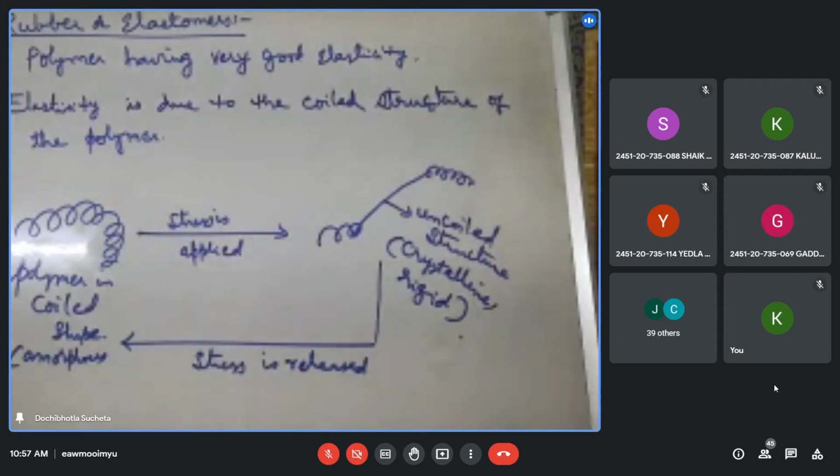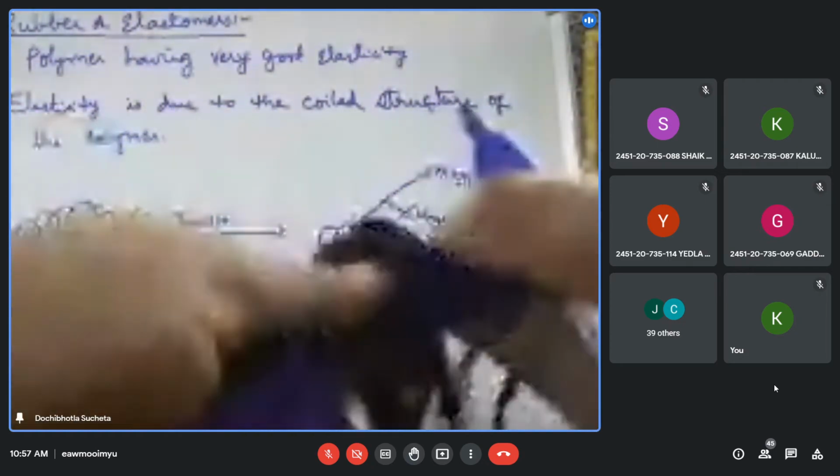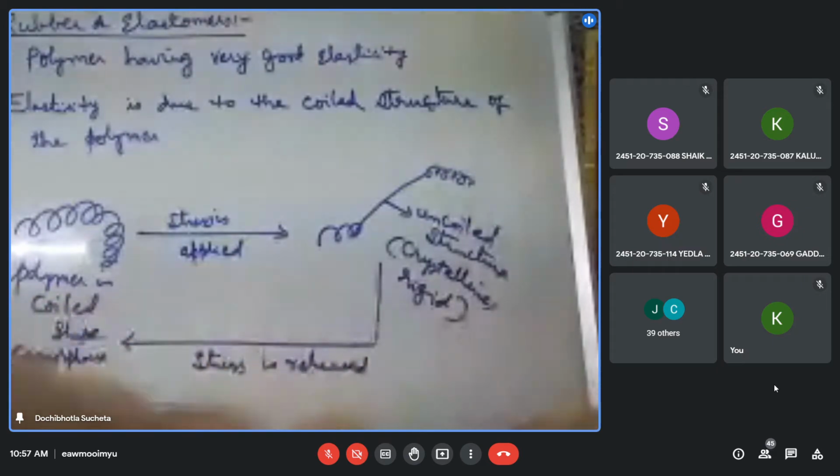Now I'll get back. Now, how has the property of elasticity come into the picture? Why not for fibers? Fibers are stress deformation over. They don't undergo any physical deformation because of stress. That's the reason why if I just fold this cloth, like this, now this is fiber, no physical deformation when stress is applied.